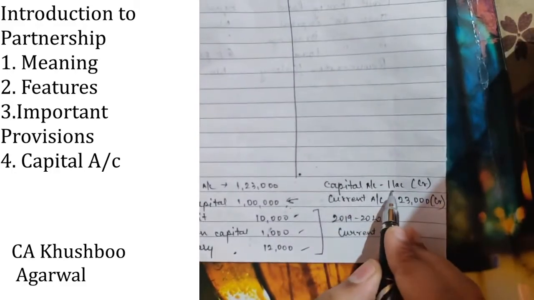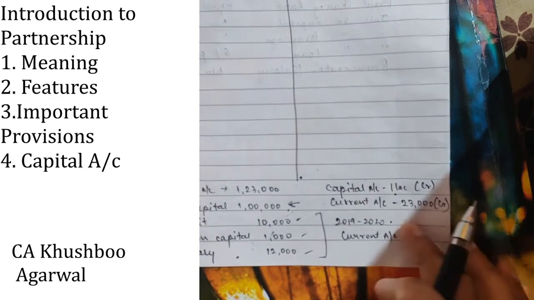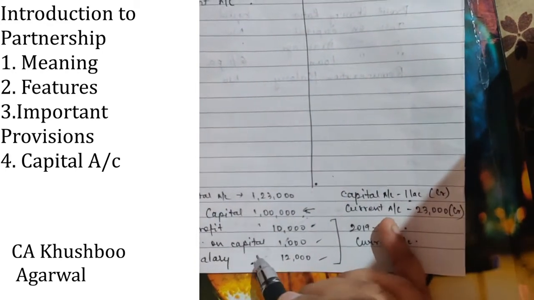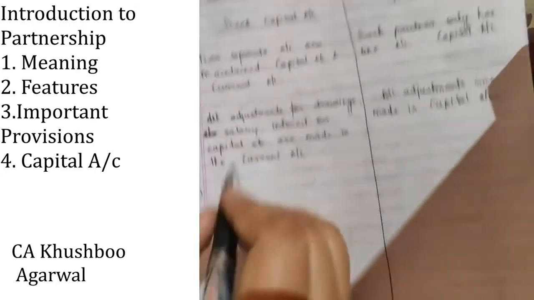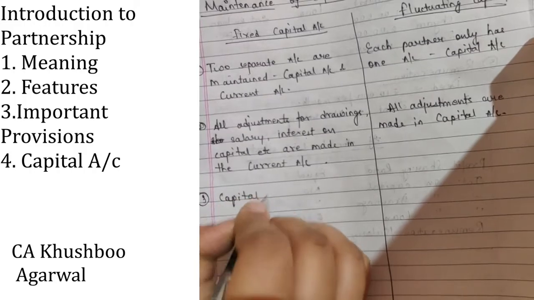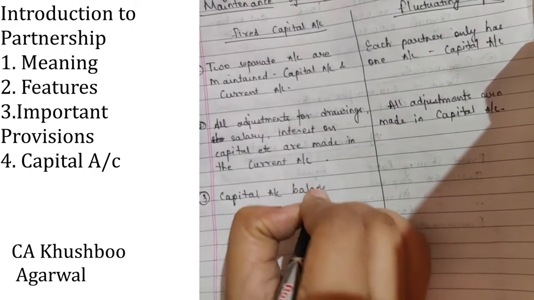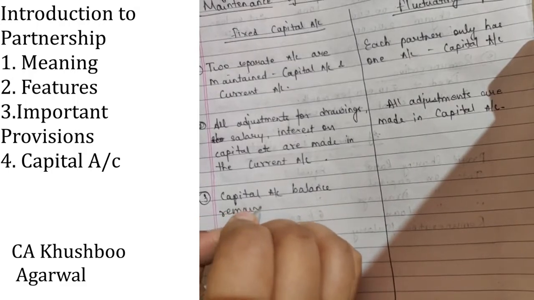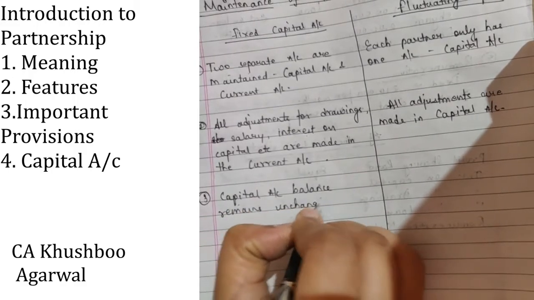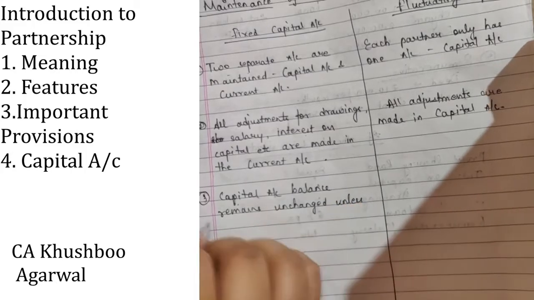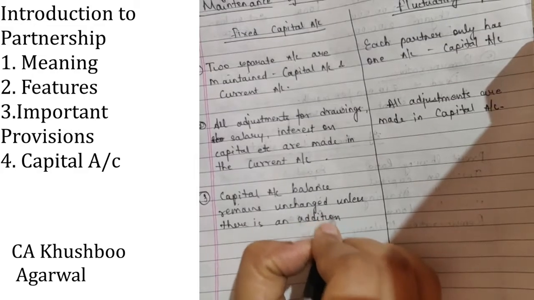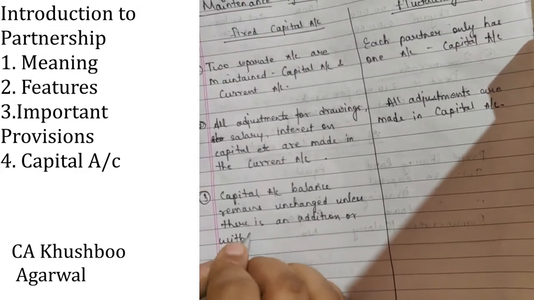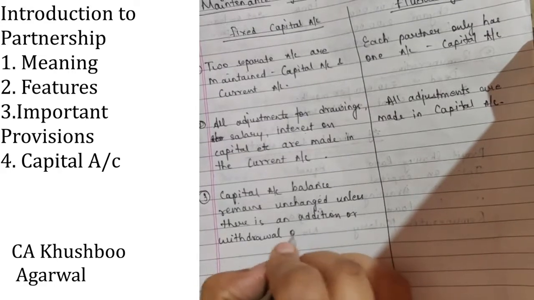Then next, in the fixed capital method, as we can see, the capital account does not change year on year because all the yearly transactions such as profit, interest on capital, etc. are routed through the current account. So the capital account balance remains unchanged unless there is an addition to or withdrawal of capital.